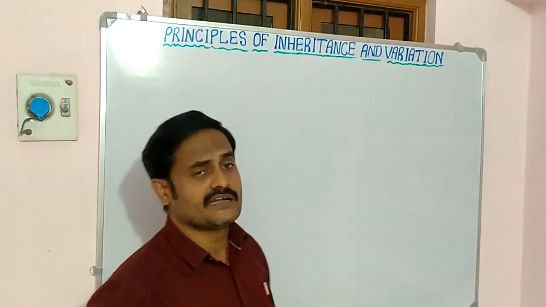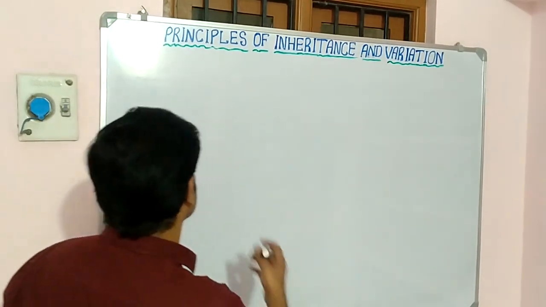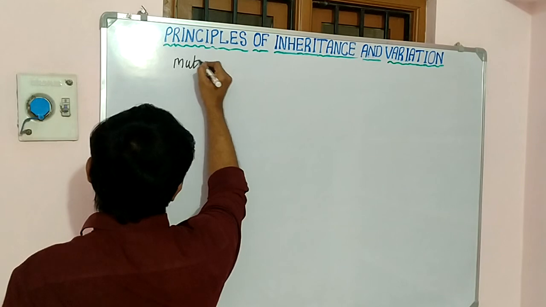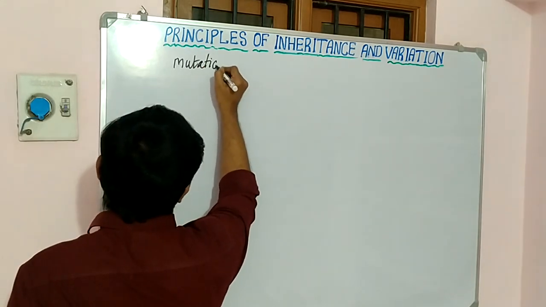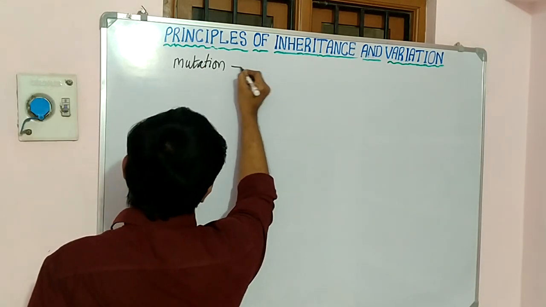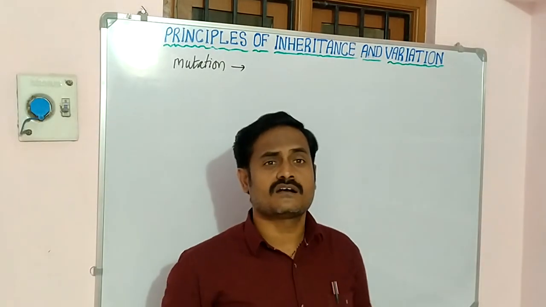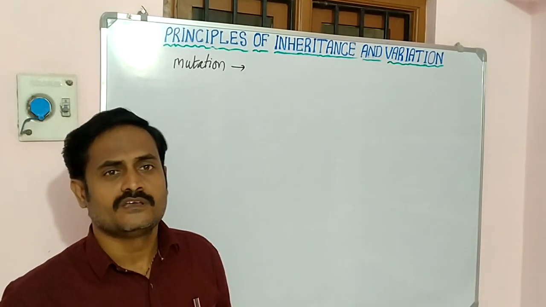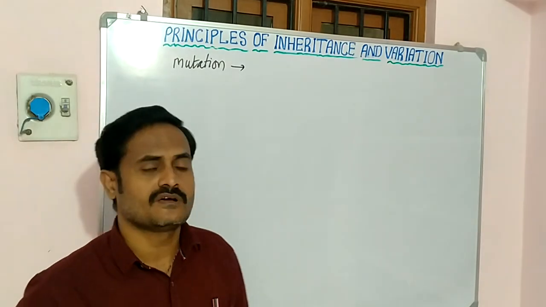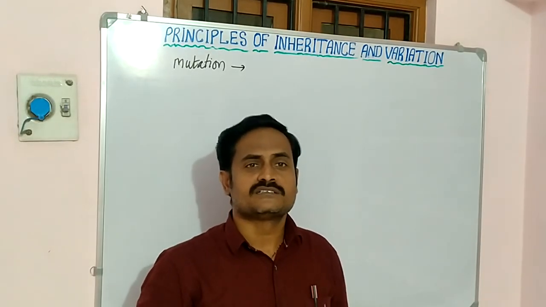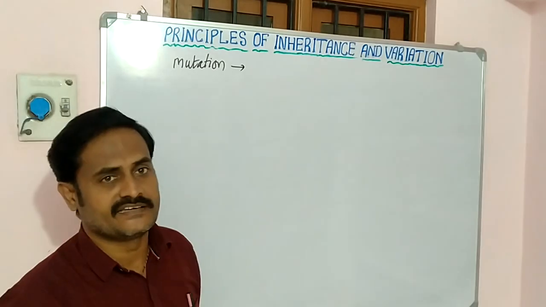The next content is mutation. So, what is mutation? See, mutation means changes occur in the DNA. If you take a human cell or any plant cell, some changes occur in the DNA.